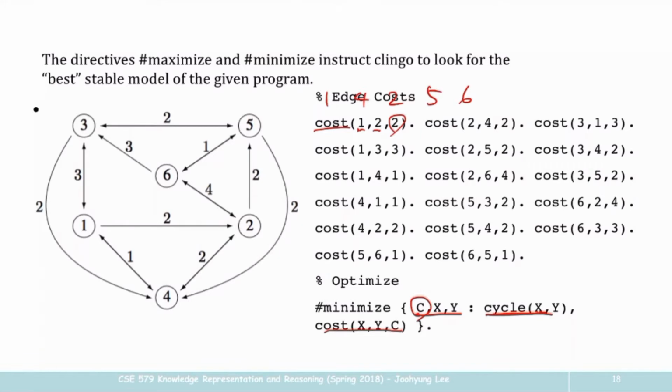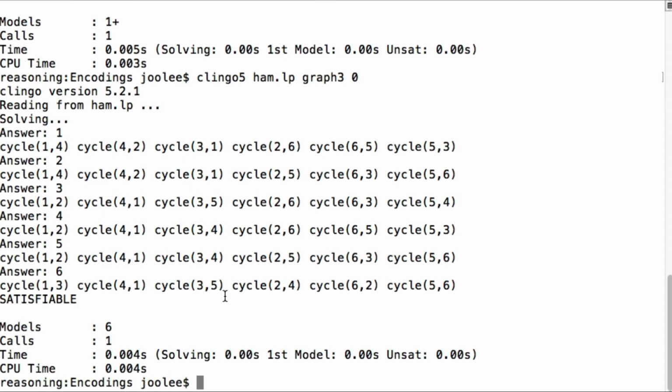What will happen is it will compute all the costs, add up all the costs, and return the minimal cost plan. We'll talk more about this later when we go into the aggregate part. The syntax may not be familiar yet, but there is a general concept of aggregate that we'll talk about maybe next time. But let me just show you what happens here.